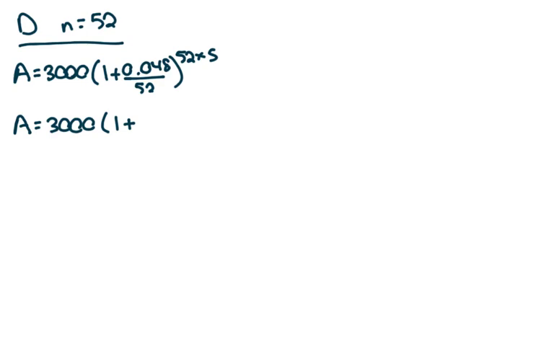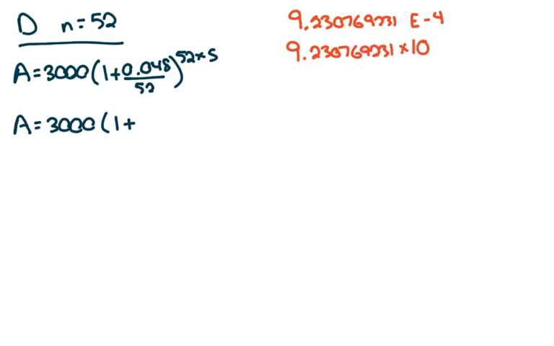But when I put this into my calculator, I get 9.230769231 with an E -4. Now this is calculator shorthand. What this really means is 9.230769231 times 10 to the -4.